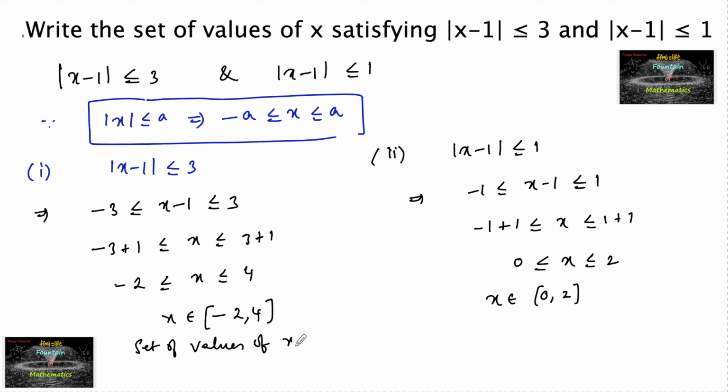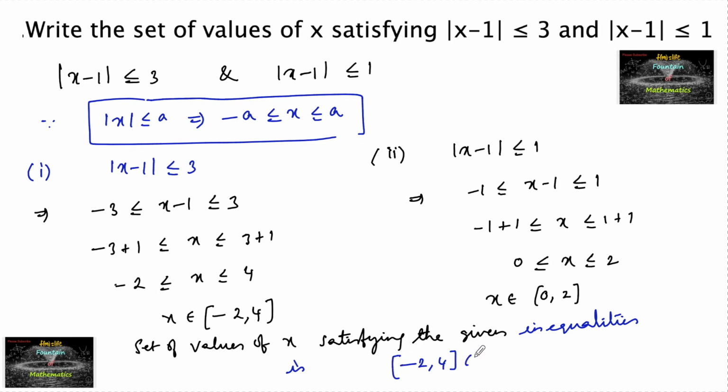The set of values of x satisfying the given inequalities is minus 2 comma 4 intersection with 0 comma 2.